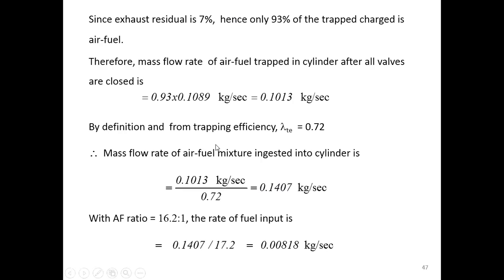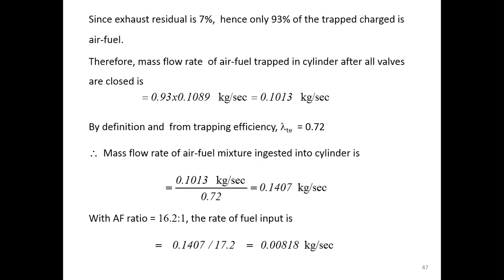Now we know the total air-fuel mixture delivered to the cylinder. Then we use the air-fuel ratio of 16.2 to 1 to determine the rate of the fuel input. Because we know the air-fuel mixture already, this is the total. With the air-fuel ratio 16.2 to 1, that means a total of 16.2 plus 1 parts, which is equal to 17.2.